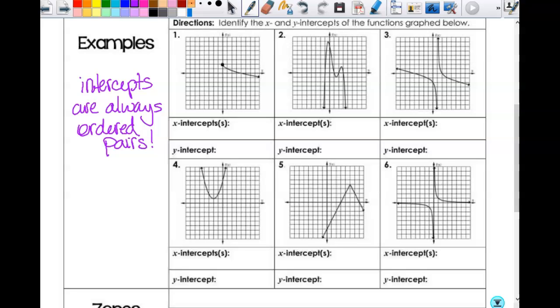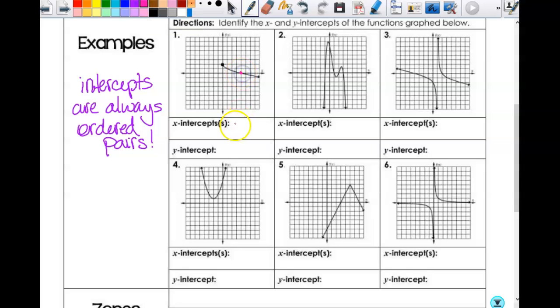You might be able to point to it, but how you write it makes a difference depending on what is being asked of you. Since it specifically says intercepts, that means my answers have to be ordered pairs, not sets of numbers or anything else.